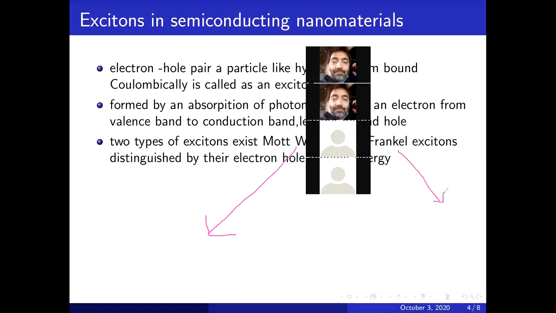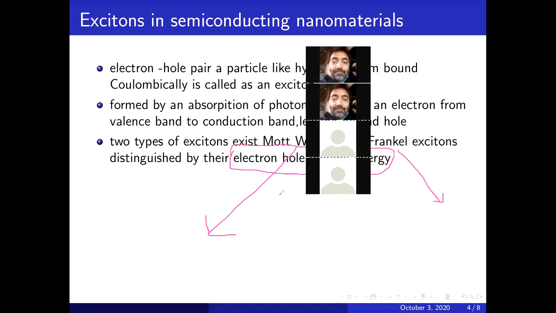They are remarkably different kinds of excitons and show different kinds of properties. So the basic difference between these two kinds of excitons is in relation to the binding energy.